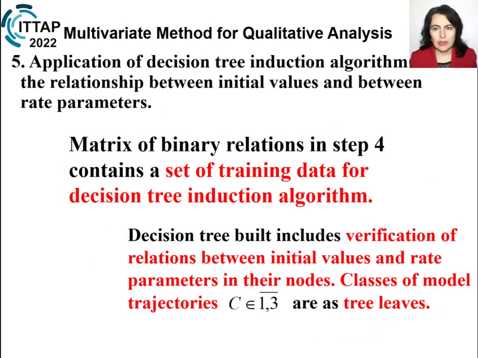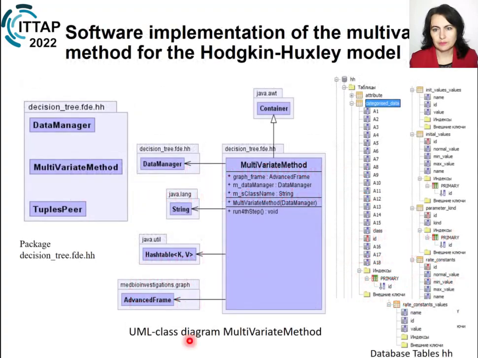In general, the method combines the Monte Carlo approach for forming training sets and a data mining classification algorithm, the sequential coverage method with the generation of classification rules, and the decision tree induction method.